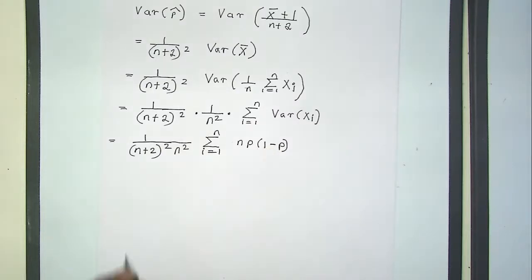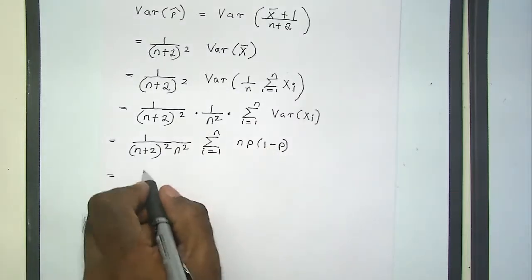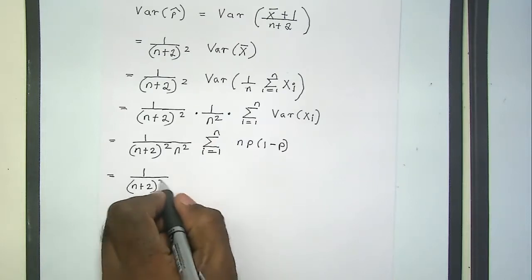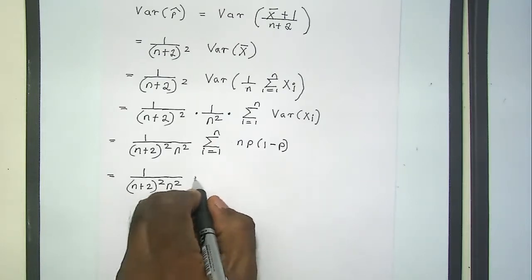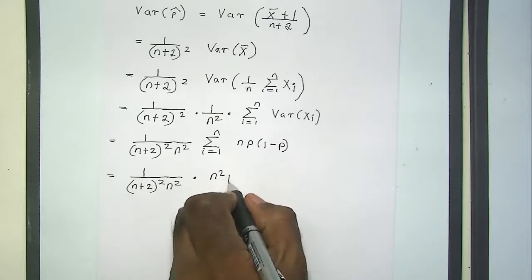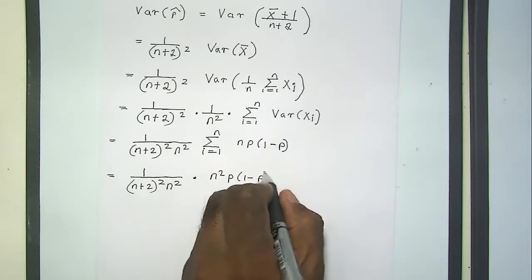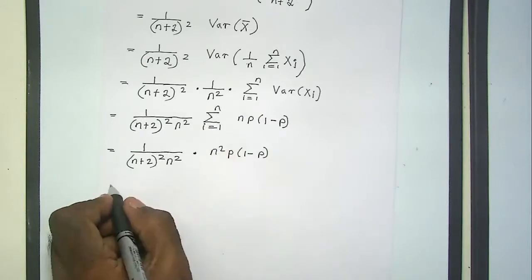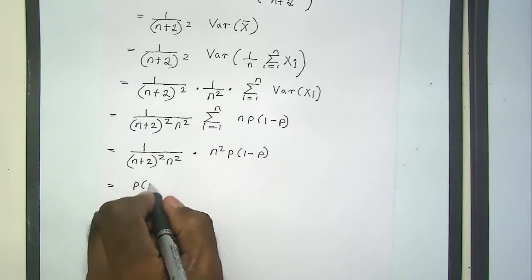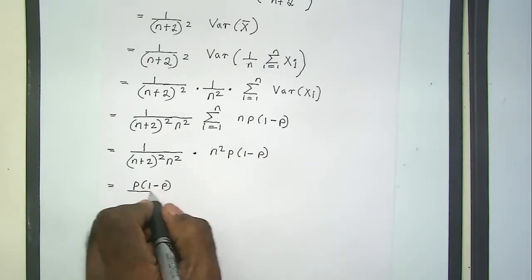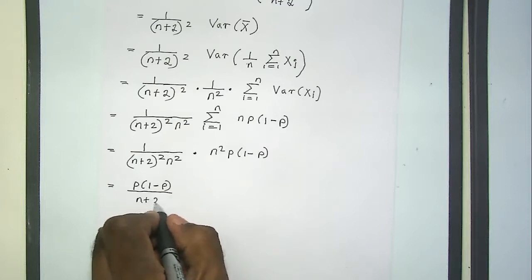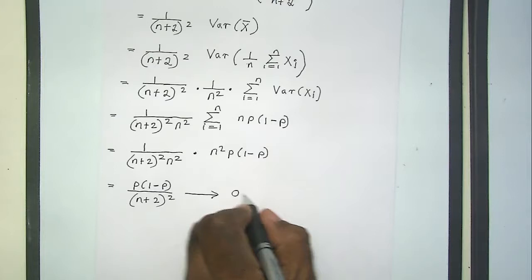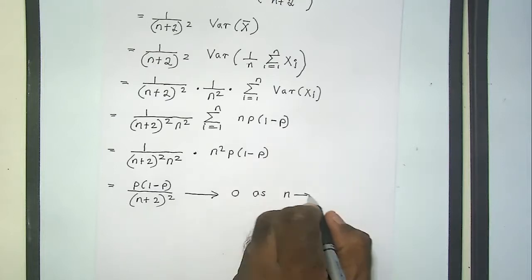So this becomes n squared p times 1 minus p. These two cancel, so this becomes p times 1 minus p divided by n plus 2 squared, which clearly goes to 0 as n goes to infinity.